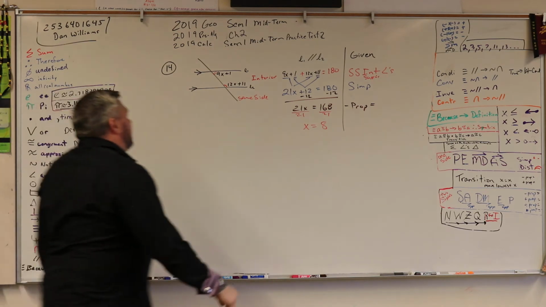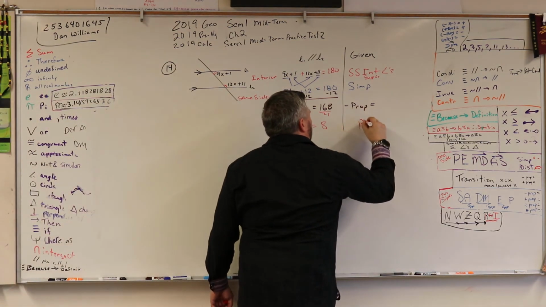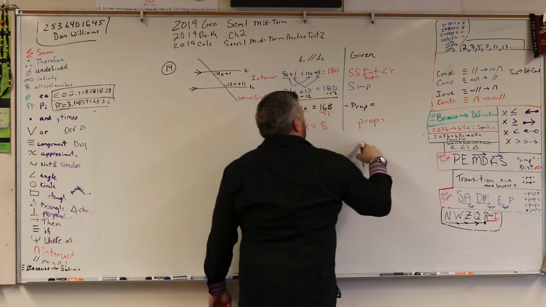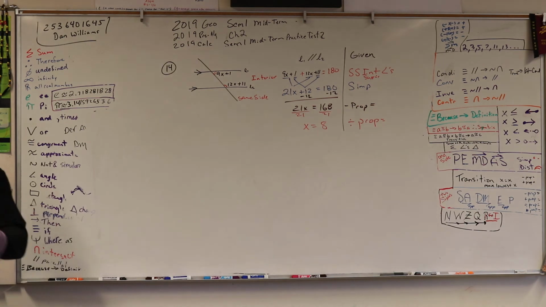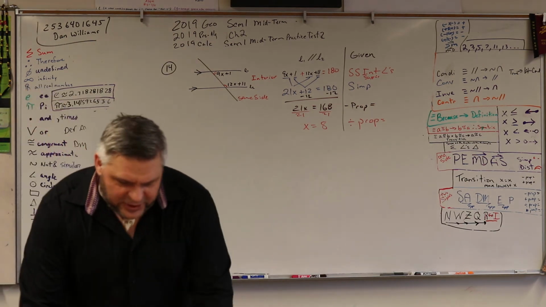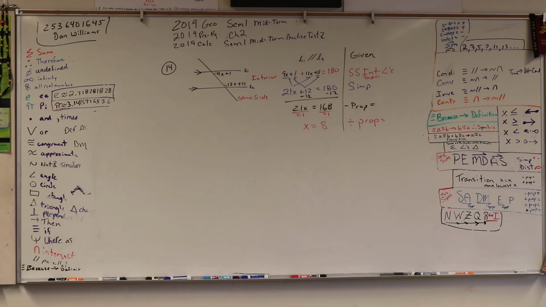Woohoo! So does this make us want to stop? And what property of equality is this? Division. Very good. So are we done with x on this problem, or do we have to go further? No, we're not done.